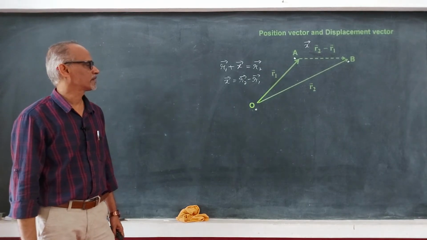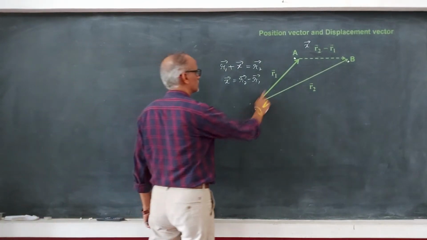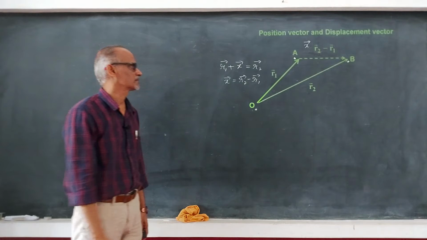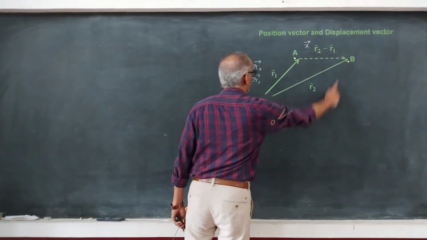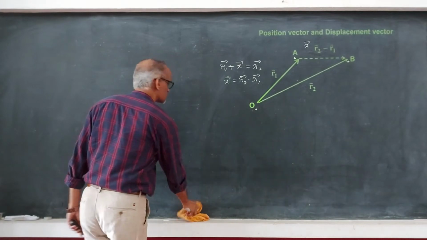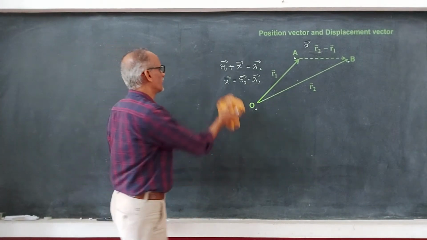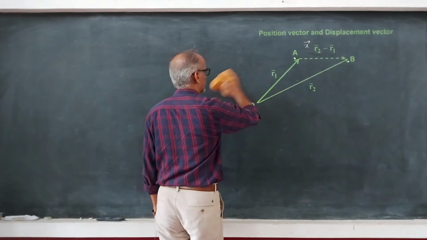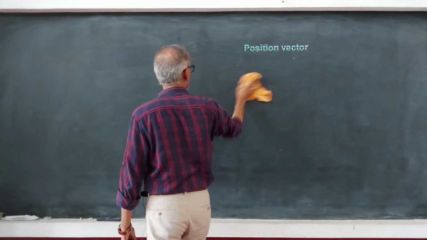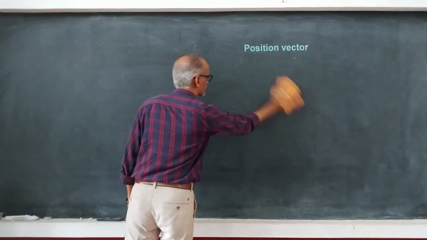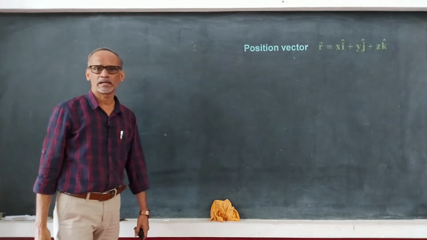So what is the position vector? The vector drawn from the origin to the position of the particle is called the position vector. And what is the displacement vector? The vector drawn from the initial position to the final position is called the displacement vector. So hope you have understood the vector. Now any position vector we can represent in the form of an equation. R is the symbol used.